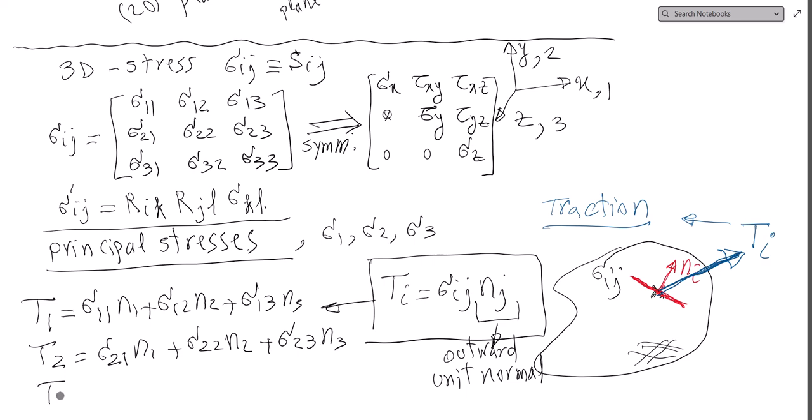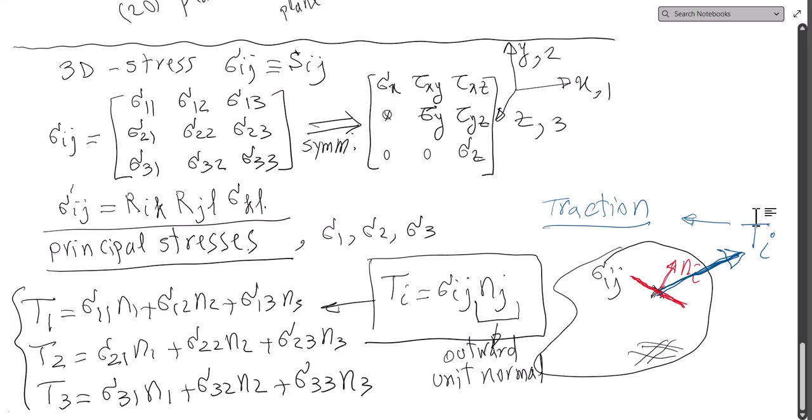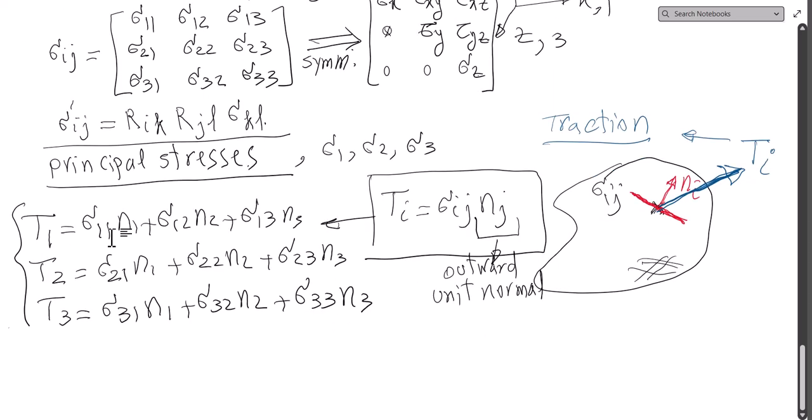And finally, T3, the third component, is sigma 3,1 n1, sigma 3,2 n2, and sigma 3,3 n3. So these are the three components of this vector Ti, simply calculated once you know the components of the stress.